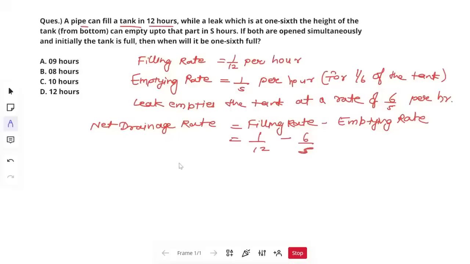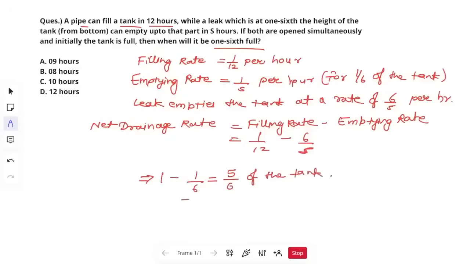Now what we have to find is the time to reach 1/6 full, because that is only what we have to find. So how we will calculate is the tank starts full and must reach 1/6 full. So the amount of water to be lost is 1 minus 1/6, which is going to be 5/6 of the tank. This much amount needs to be lost.